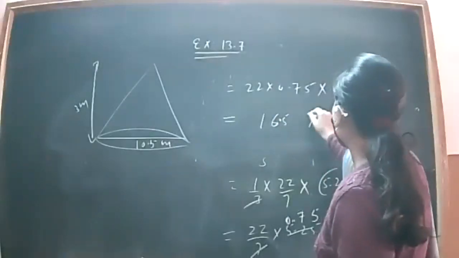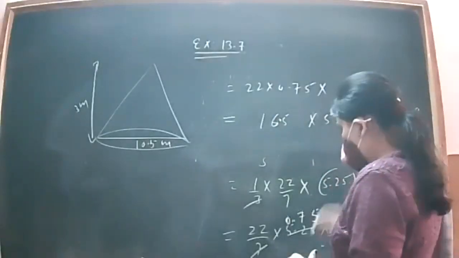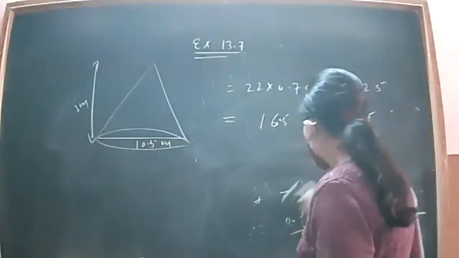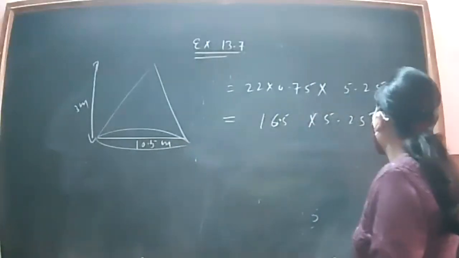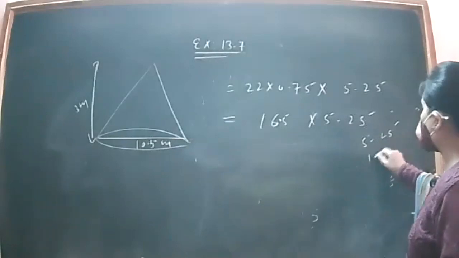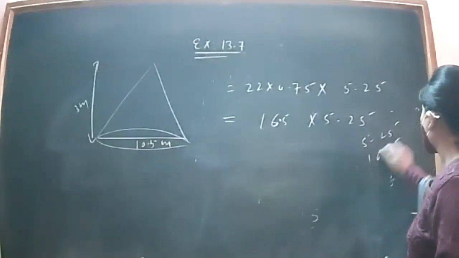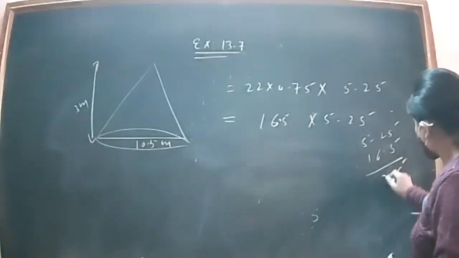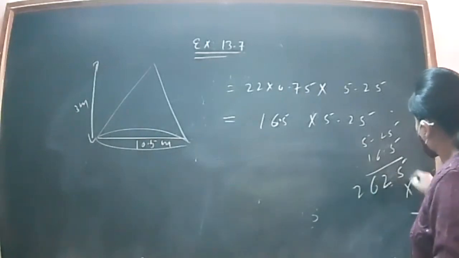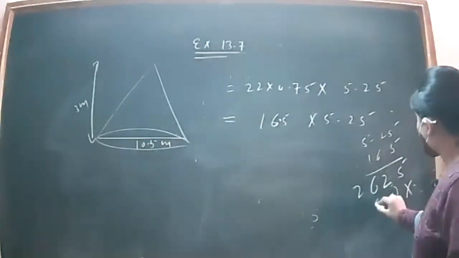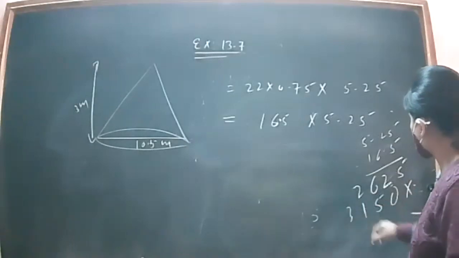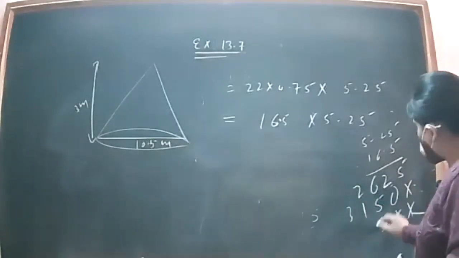So 16.5 multiply 5.25. We multiply this 16.5 with 5.25. This is 525.